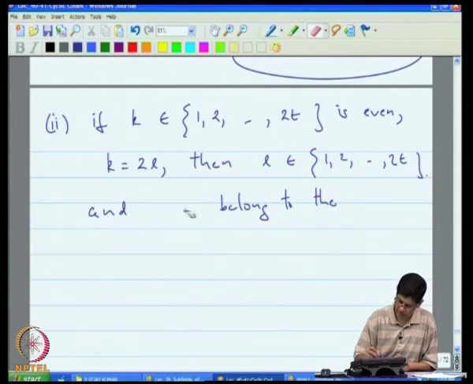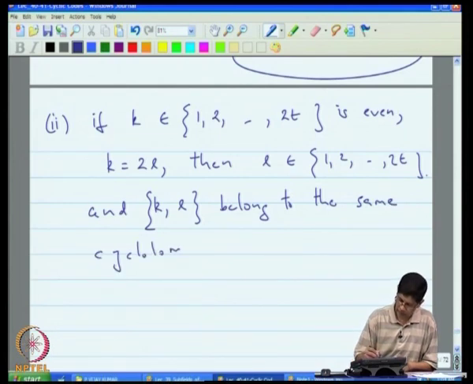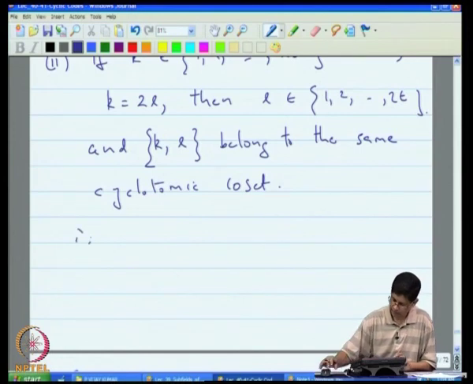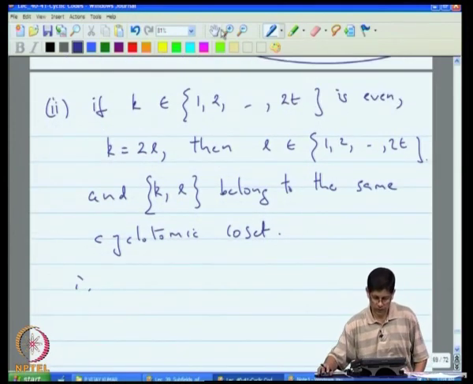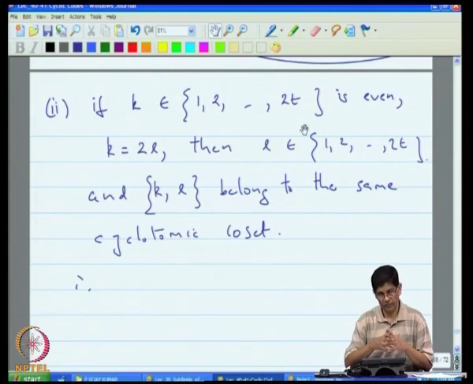So, let me write this differently: k and l belong to the same cyclotomic coset. What that tells us is this. I have 2t distinct elements here, and the fact that I have 2t consecutive zeros guarantees my minimum distance is 2t plus 1.